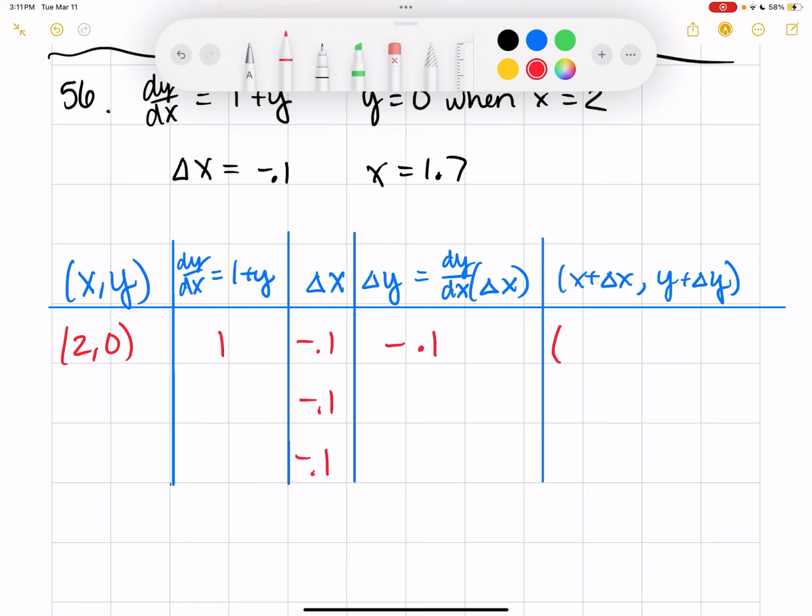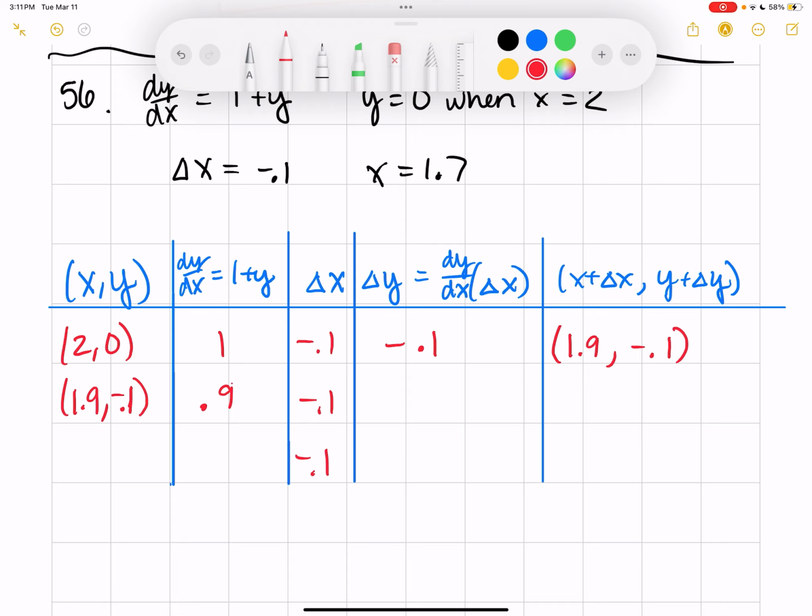So that means that this is 2 minus 0.1 is 1.9. And then y plus delta y is just negative 0.1. Copy that down. Plug it in. I'm going to get 0.9.